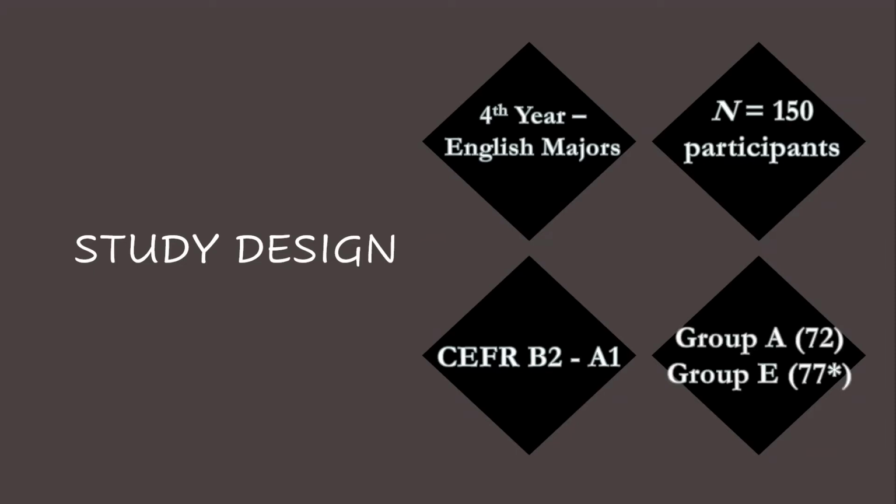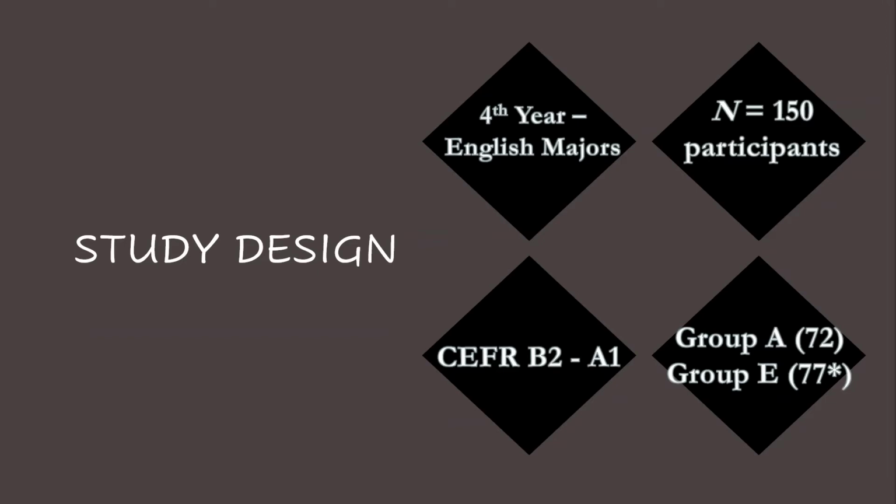Based on the number we got, we classified the participants into 2 main groups, and we call them Group A and Group E. Group A represents the Arabic group, who will do their writing and typing in Arabic, and there were 72 participants.